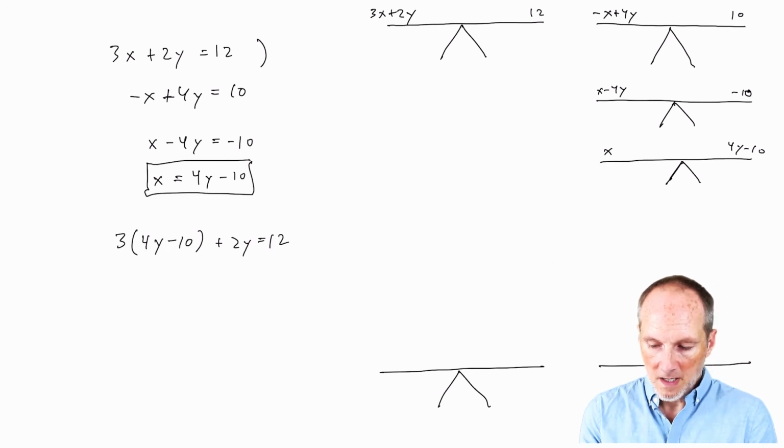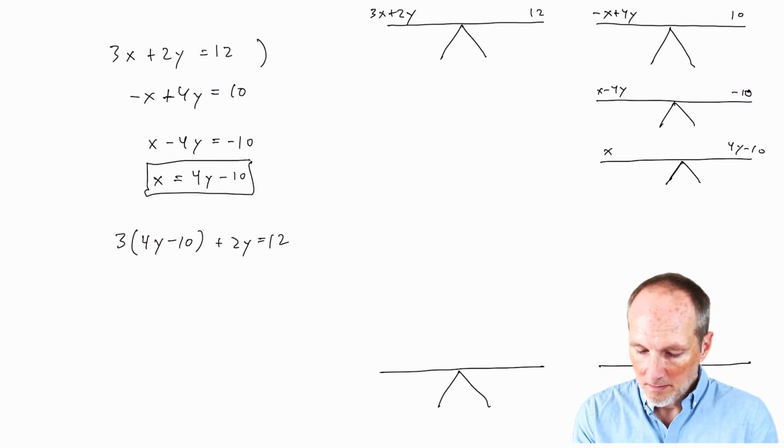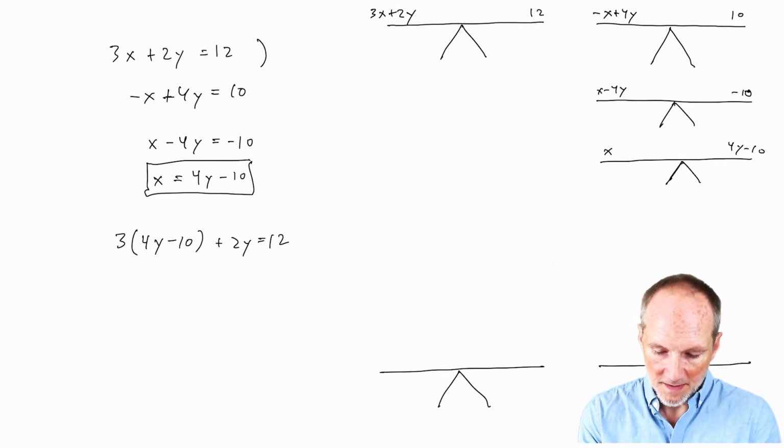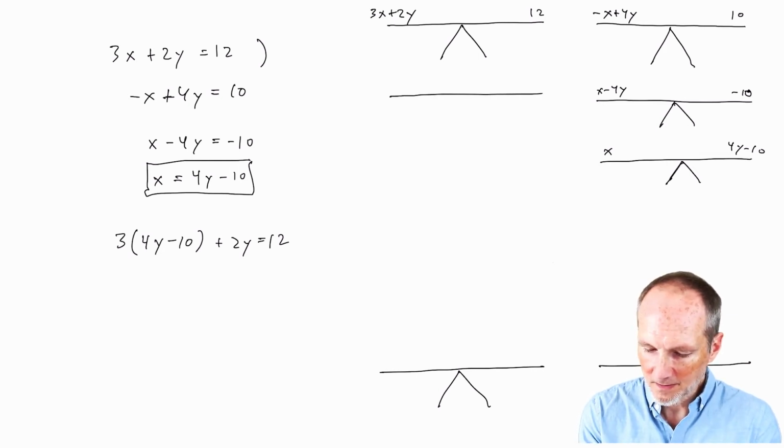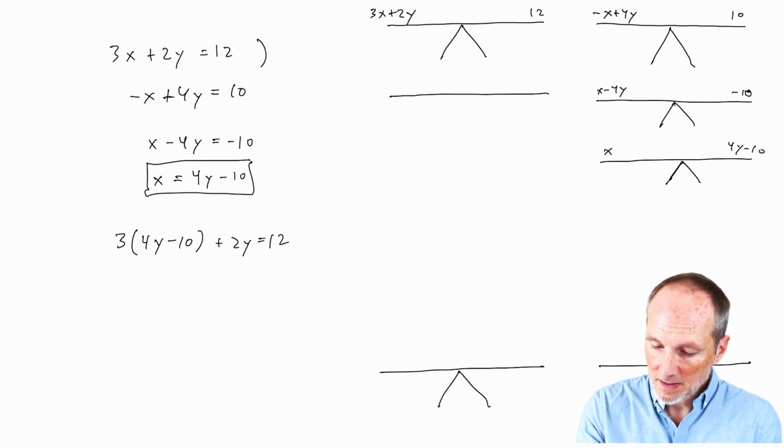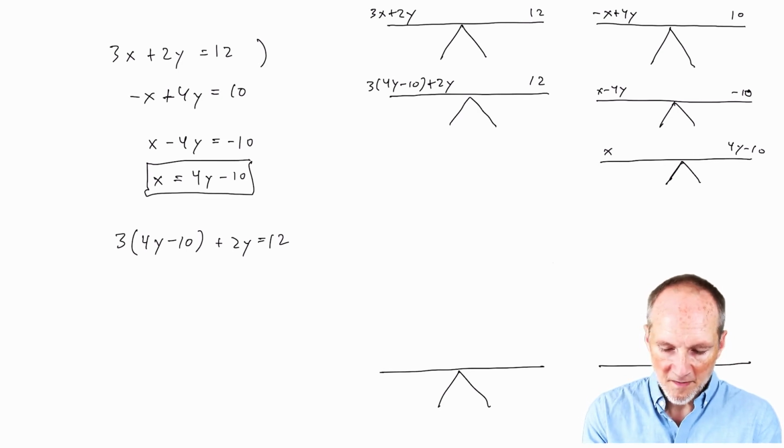Let's simplify that. Let's rewrite our scale, going one step at a time. Now on the left-hand side, there's 3 times 4y minus 10 plus 2y, and that equals 12. Now we can simplify.